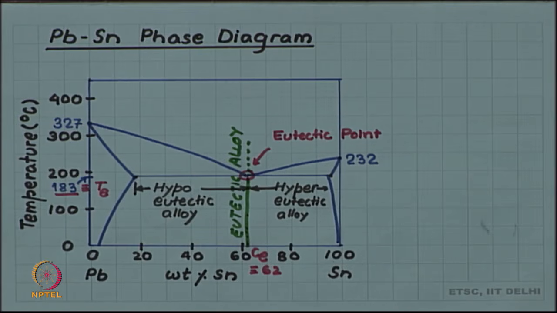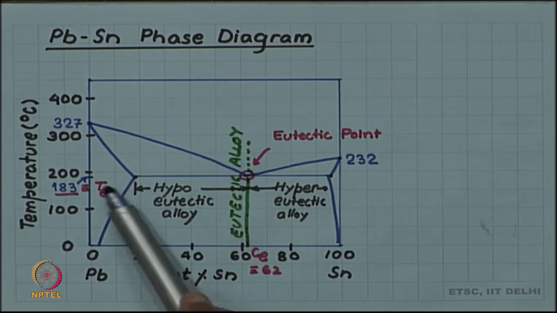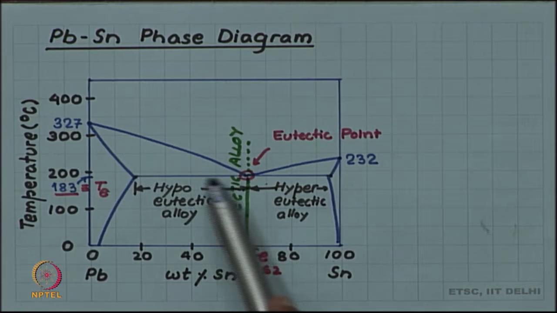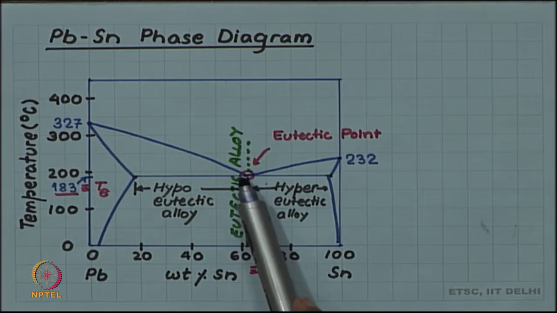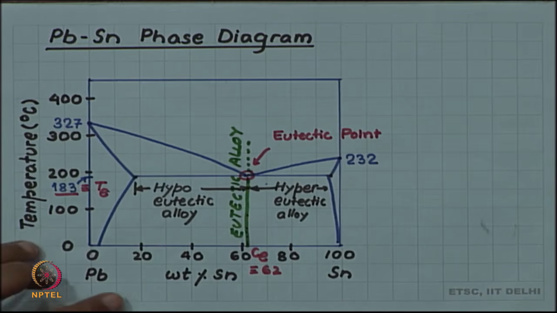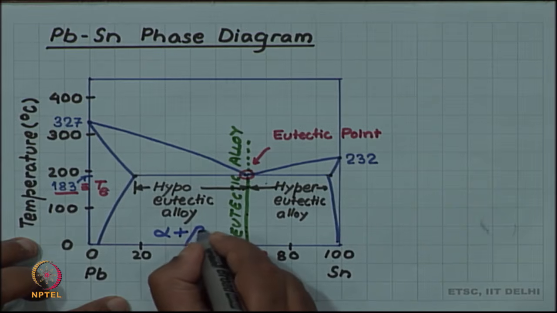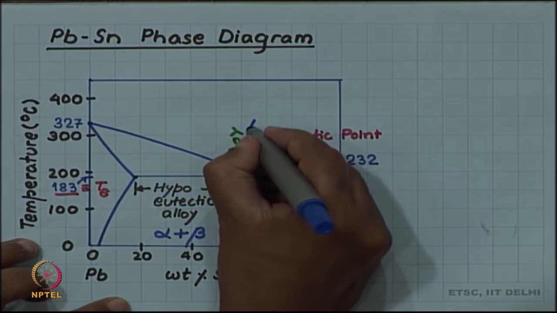Now, the question is how the microstructure evolves. We have seen how the microstructure evolves for a eutectic alloy. Since the eutectic alloy is liquid right up to the eutectic temperature, and then solidification begins at the eutectic temperature, below the eutectic temperature it is a mixture of two phases, alpha plus beta, and above that it was liquid.